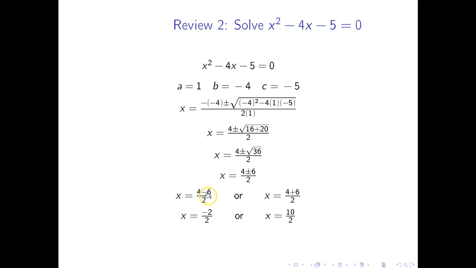That's negative 2 over 2 and 10 over 2. So my answers are negative 1 and 5. That was nice. We can solve it by using the quadratic formula or completing the square. They will always work, and factoring will work a lot of times too.